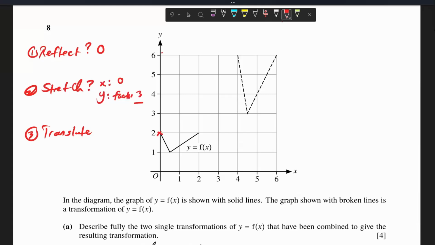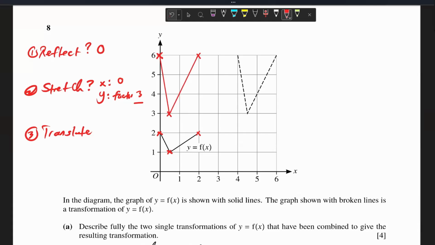So 2 times 3 is 6. So the image is here. Then this point, which has a y value of 1 times 3, that's 3. So it'll be here. And this particular point, which has a y value of 2, 2 times 3 is 6. So its image will be here. So after the stretch, we will be having the graph like this.